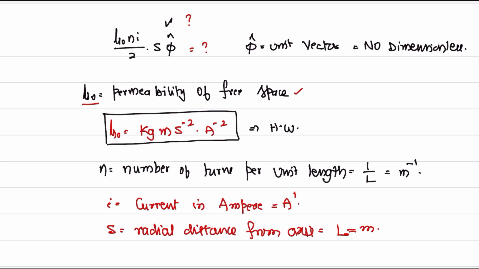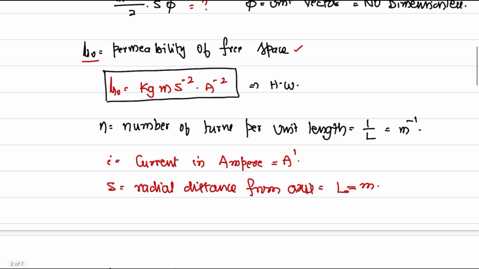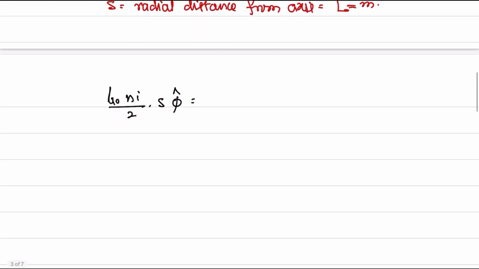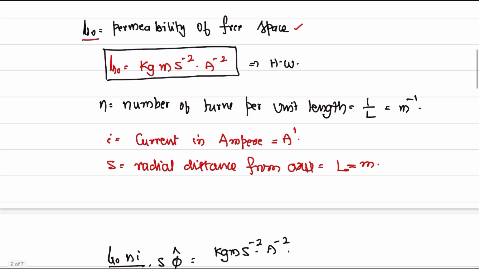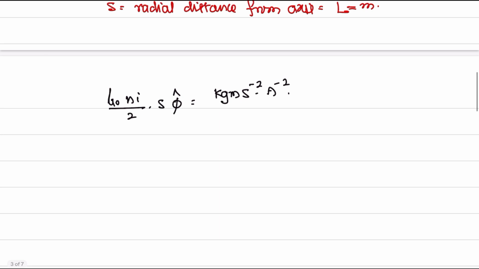Now we will combine all these. Ultimately, μ₀ni/2 into s phi cap, with n here given as a small n. μ₀ is kg meter per second square per ampere square. n is number of turns per length, that is per meter.